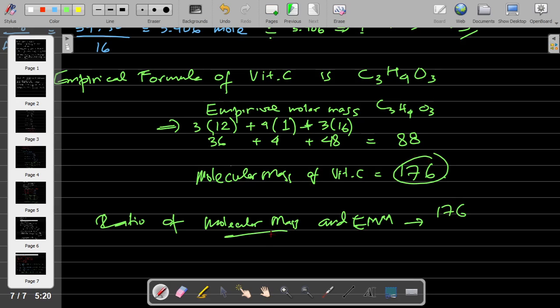The molecular mass divided by the empirical molar mass, 88, so we got 2.